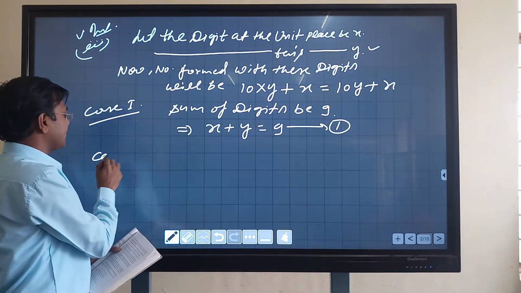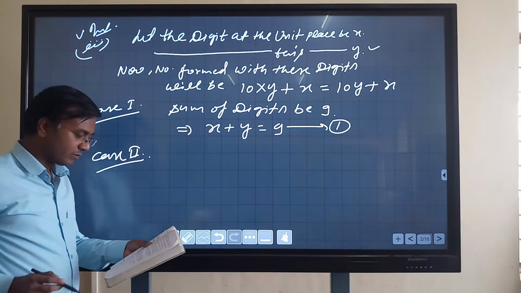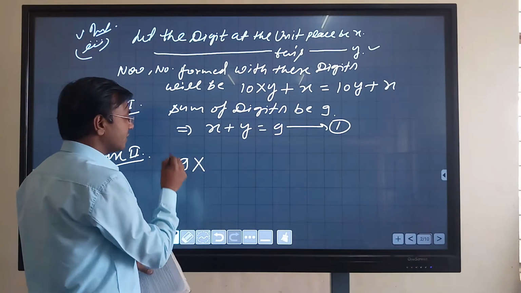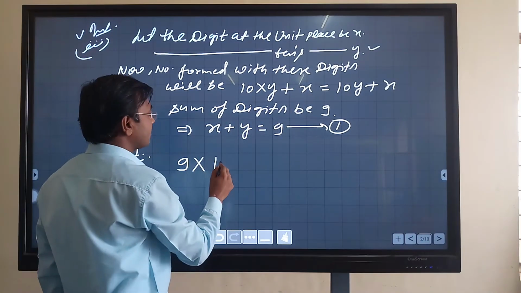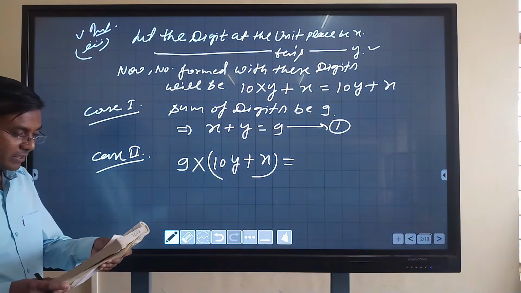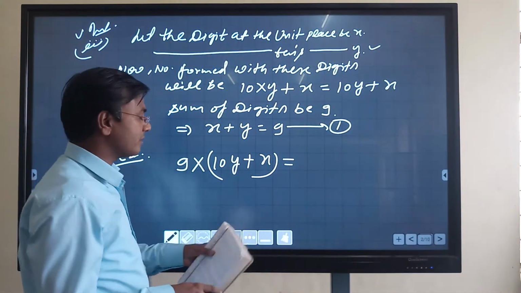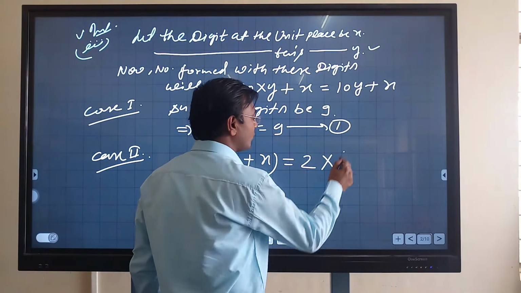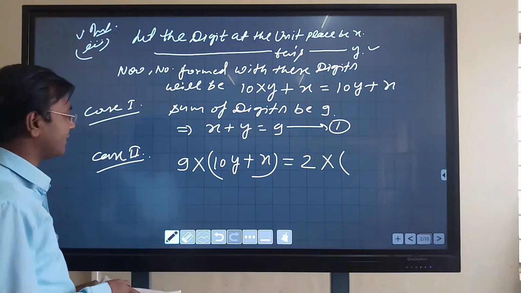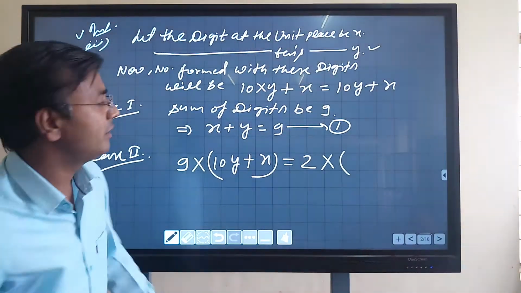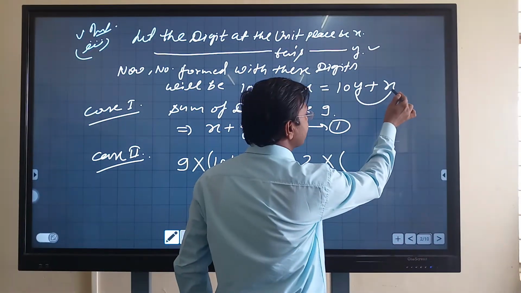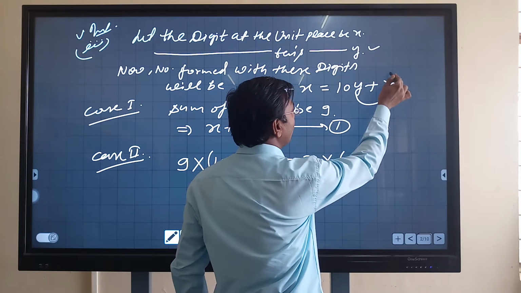Also the second case states: 9 times this number. Which number? 10y plus x. This number is equal to twice the number obtained by reversing the order of digits. So what does it mean? Reversing the order of digits means replace x with y and y with x.